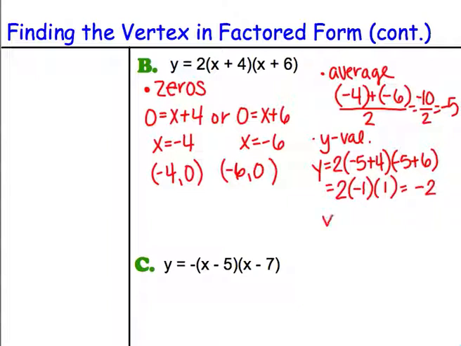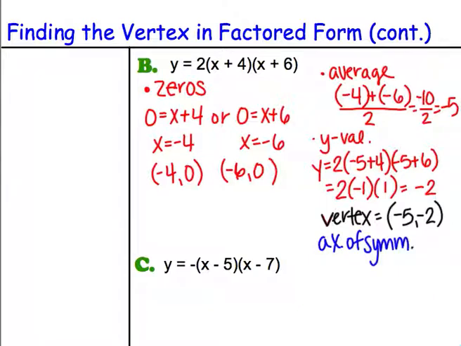So our vertex is x value of negative 5, y value of negative 2. For our axis of symmetry, we take our x coordinate, which is negative 5, and we get x equals negative 5.